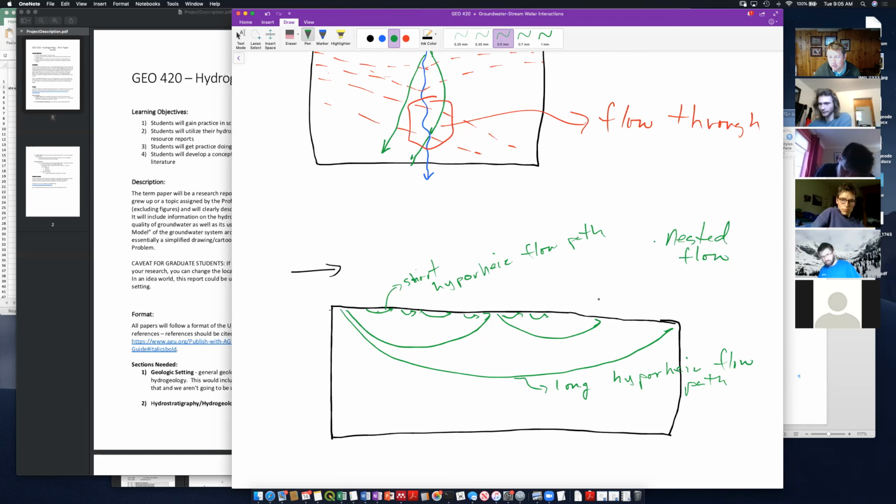We call these nested flow scales, just like in the Tothian groundwater basin. Along a stream, we have these same types of nested flows.